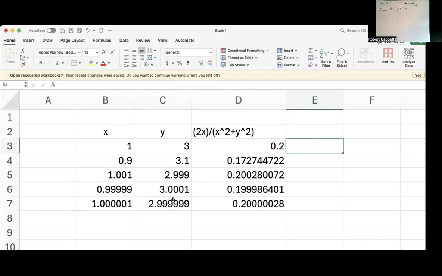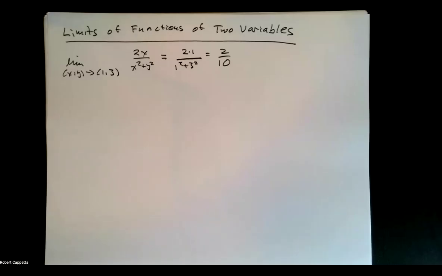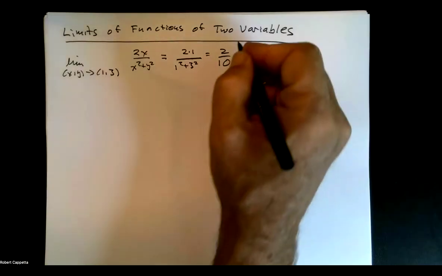As I get points closer and closer to (1, 3), like (1.001, 2.999), notice how close that is to 0.2. Similar with these. As we're getting closer and closer to (1, 3), the values of the function sure seem to be getting closer and closer to 0.2. That verifies our notion that the limit is 0.2, or 2/10.